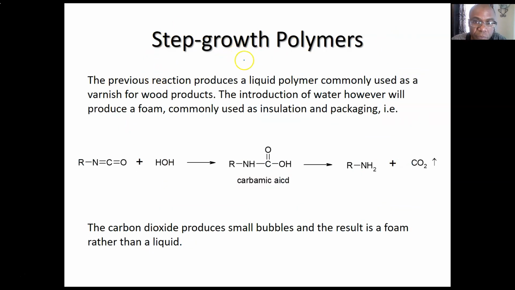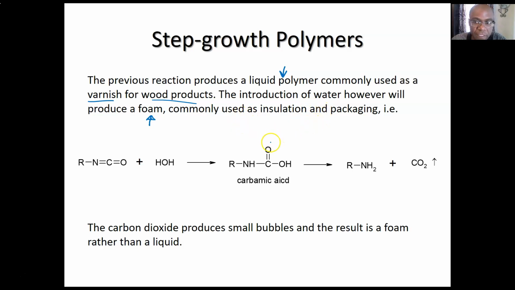So you produce a liquid polymer commonly used as varnish or wood products. Varnish in itself is an adhesive. The introduction of water, however, will produce a foam commonly used as insulation and packaging.